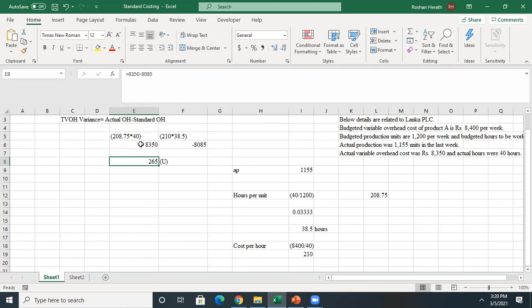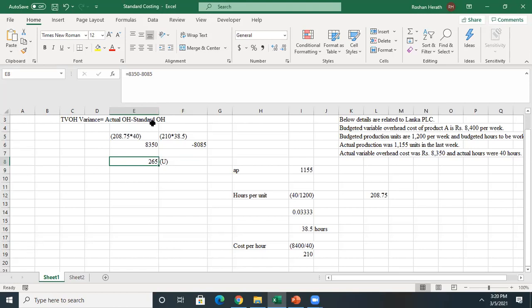Now you can clearly see there are two reasons. The one reason is that the expenditure is different. In fact, the actual expenditure is less than the standard one. Therefore, if you consider the expenditure variance, you must witness that there is a favorable variance.